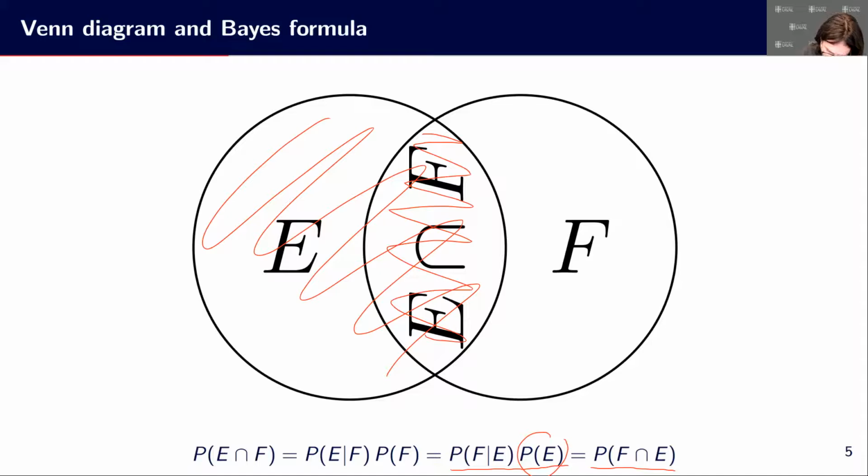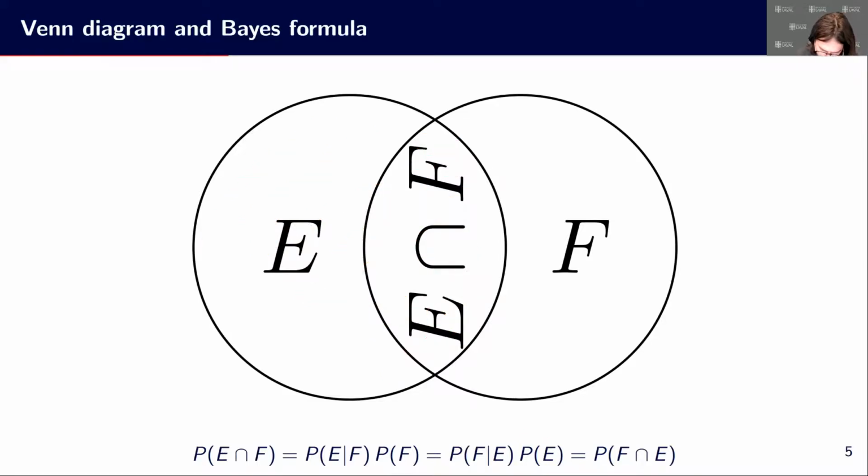So basically, this is that. And this is P of E intersection F or P of F intersection E. So this is how we get into that formulation. And from that, we just move P of F or P of E to the other side as a denominator. And we fall on the Bayes formula.